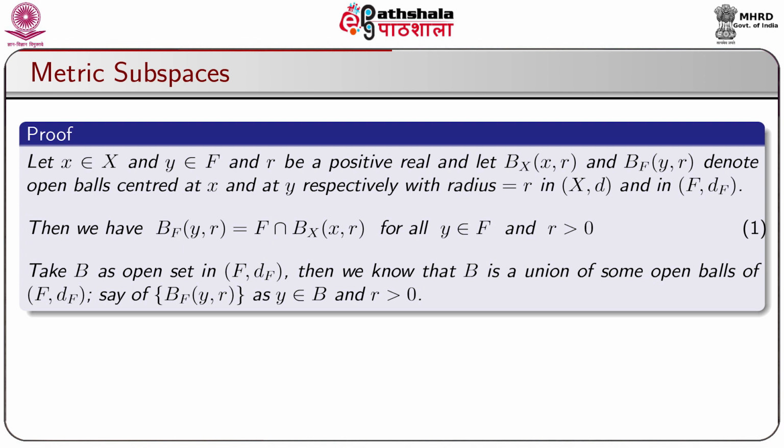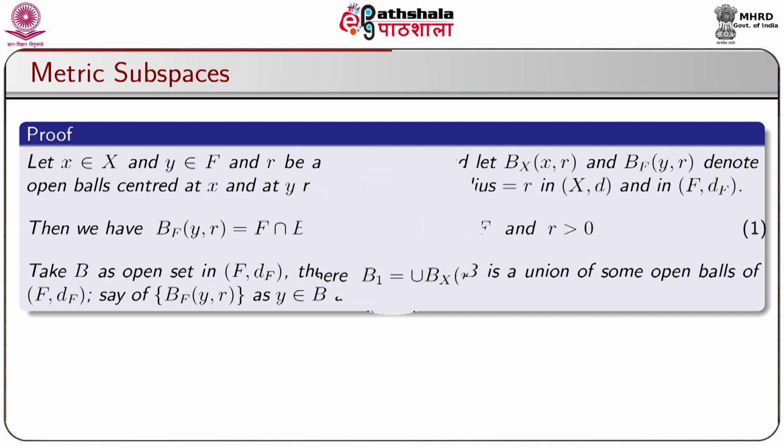Take B as an open set in (F, d_F). Then we know that B is a union of some open balls in (F, d_F), because every open set can be expressed as a union of open balls. So, the collection is taken as B_F(y, r), the collection of all open balls having center y and radius r in F, where y runs in B and r is taken as a positive real.